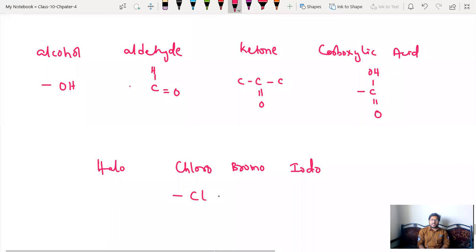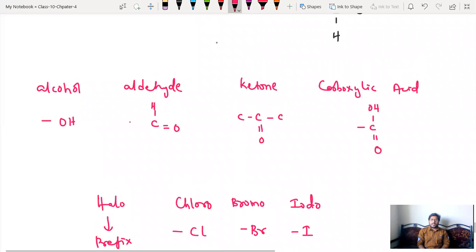Chloro means bond Cl, bromo bond Br, iodo bond I, and this halo will be a prefix, and these all 4 will be suffixes. And while coming to names, for alcohol it is OL. For aldehyde it is AL. Ketone it is ONE. For carboxylic acid it is oic acid.